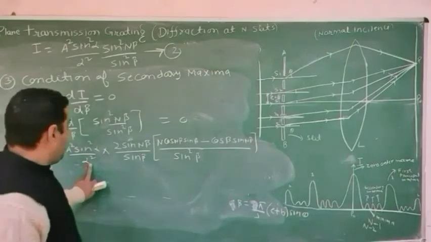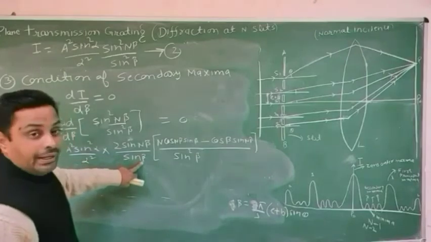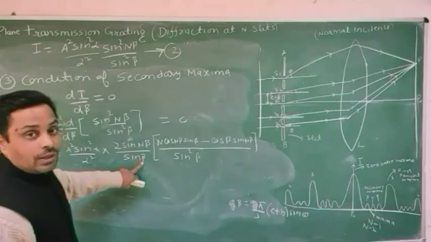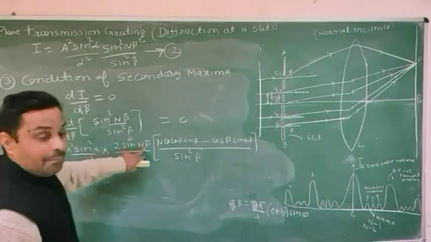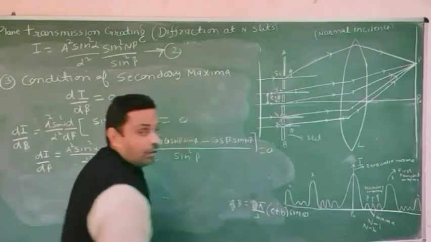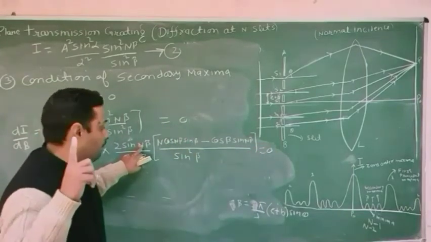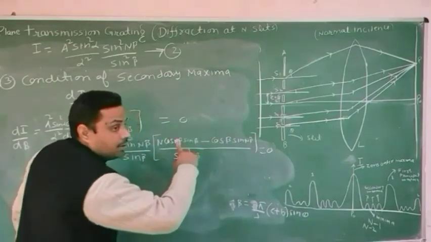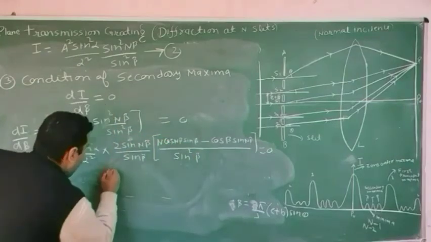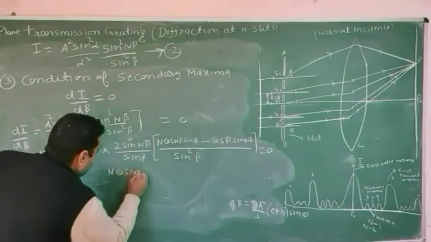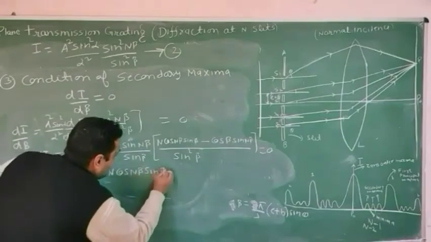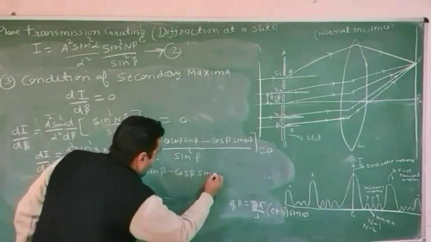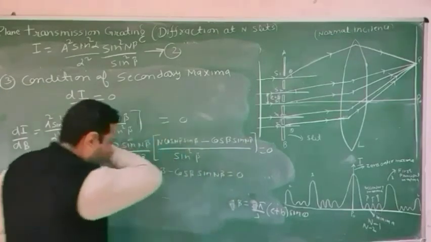Now here sin β is not equal to 0 because that is the condition of the principal maxima, and sin nβ is not equal to 0 because sin nβ is the condition of the minima. So the remaining portion that will be 0 is n cos nβ sin β minus cos β sin nβ is equal to 0.